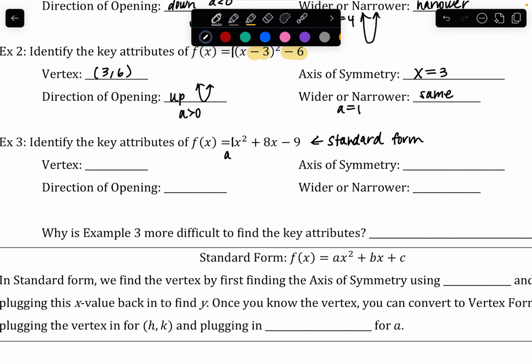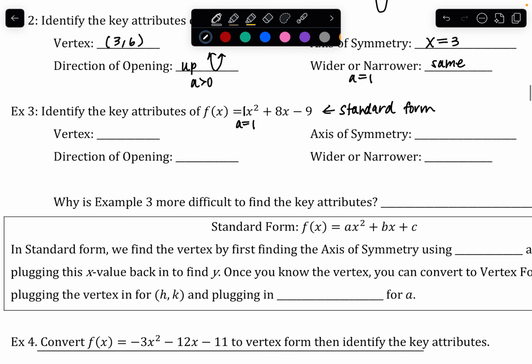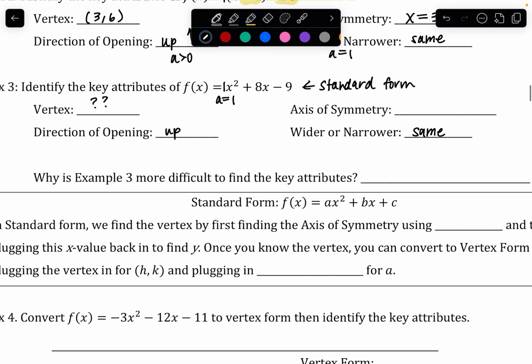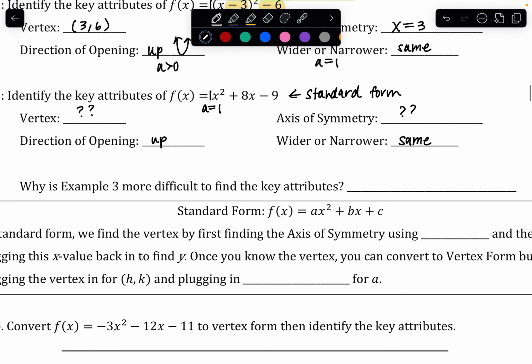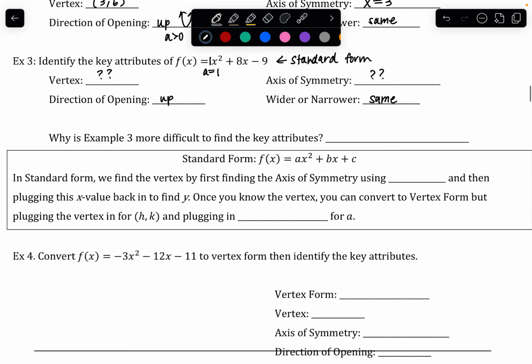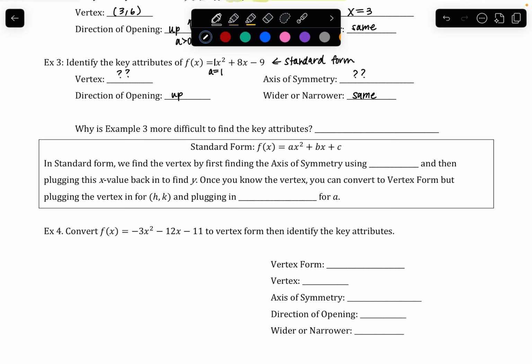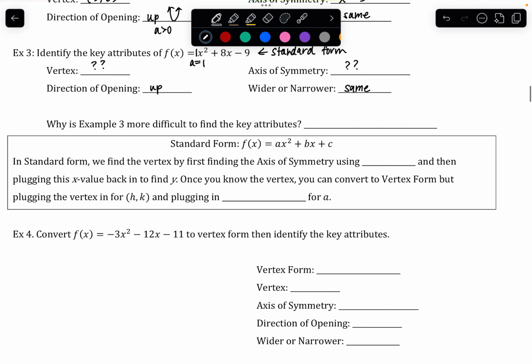You know a is going to be the same a value, and so we know it's opening up. We know it's going to be the same width as the parent function, but we don't know the vertex. You do not get the vertex for free from standard form, which means you don't get the axis of symmetry. So why is example 3 more difficult to find the key attributes? Because it's in standard form.